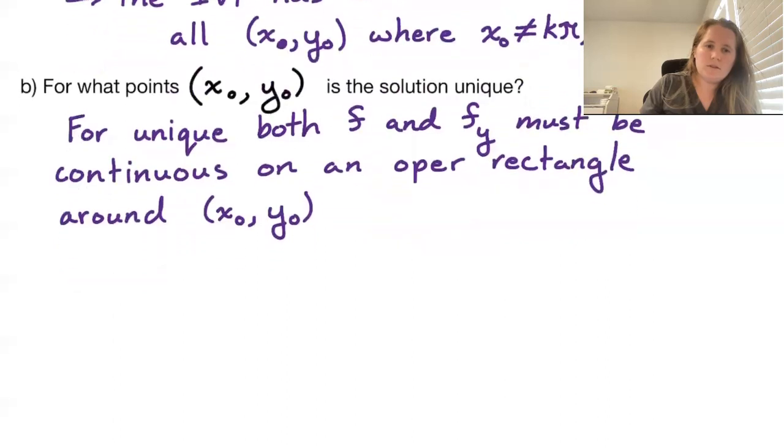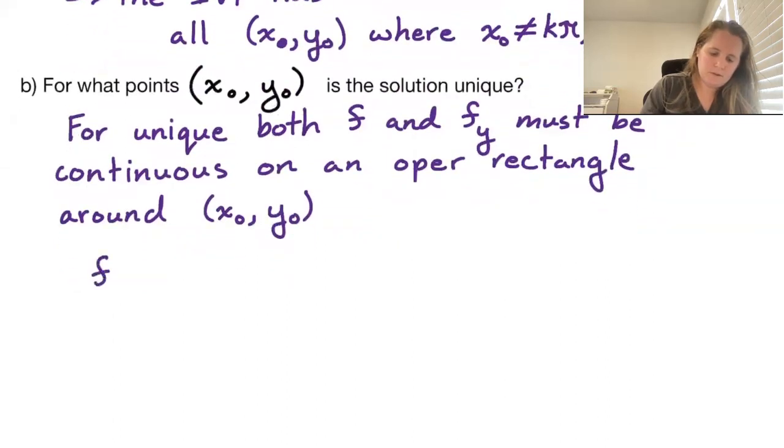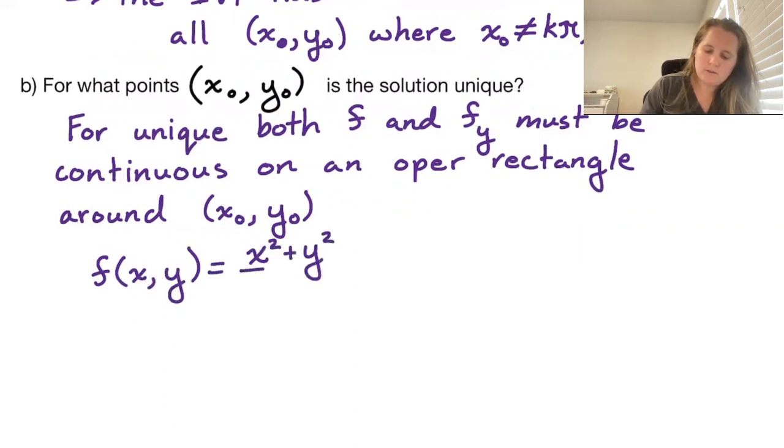So f of x, y was x squared plus y squared all over sine of x.